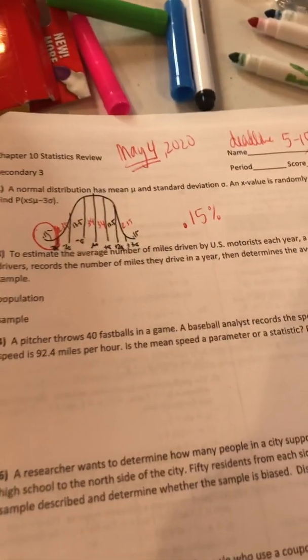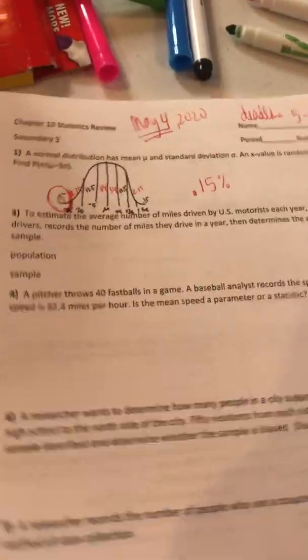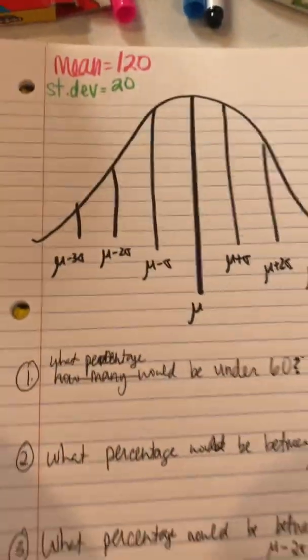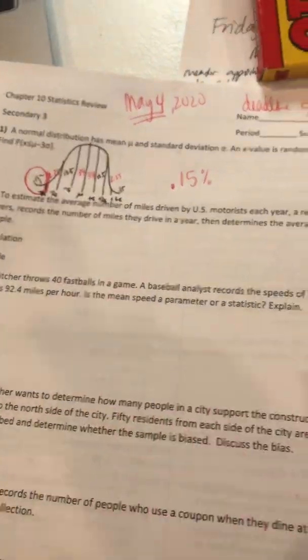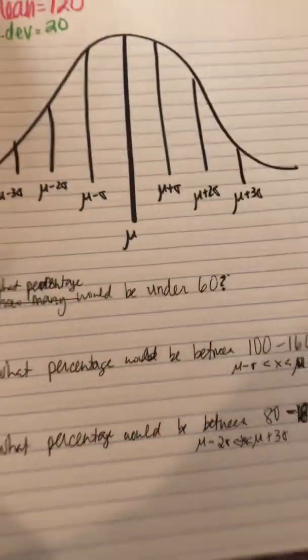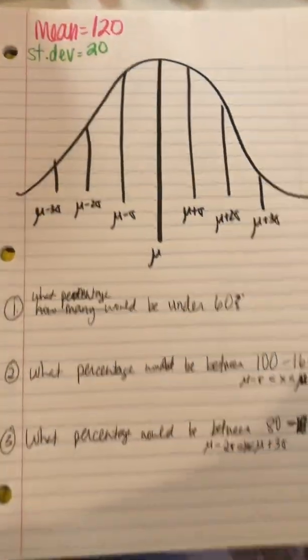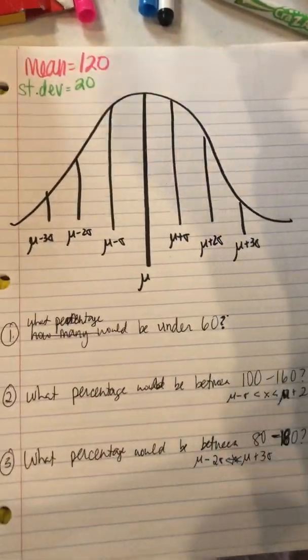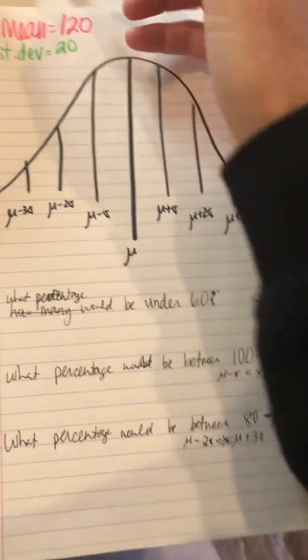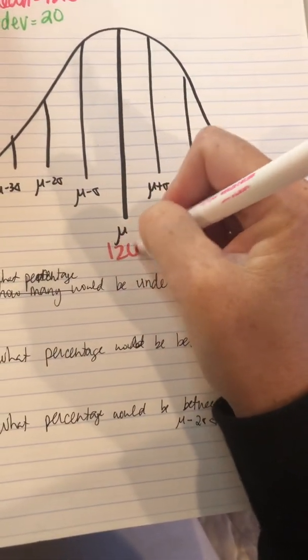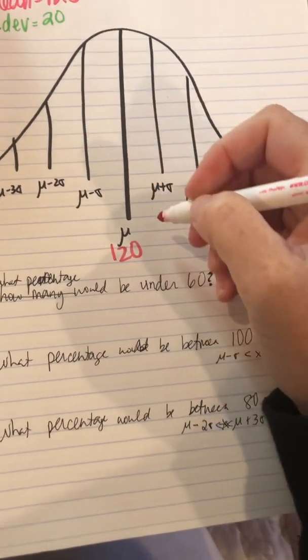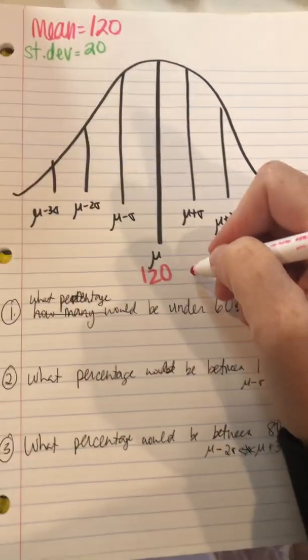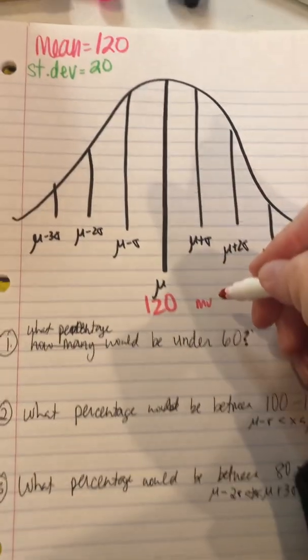Okay, so I have had several students ask questions about this, so I'm going to just do a quick one, because if you'll see, they deleted number 2, but on the test there is a number 2 and it has a question similar to this. So let's go ahead. So right here, whatever the mean is, that's what's going to go in the middle. That's called mu, not moo like a cow, but mu. It's Greek.